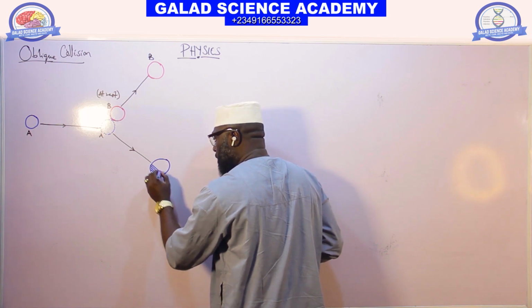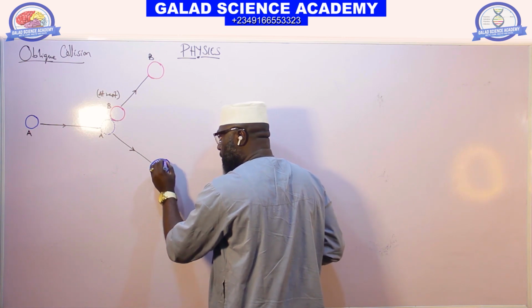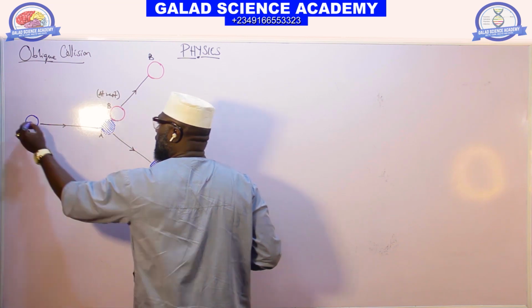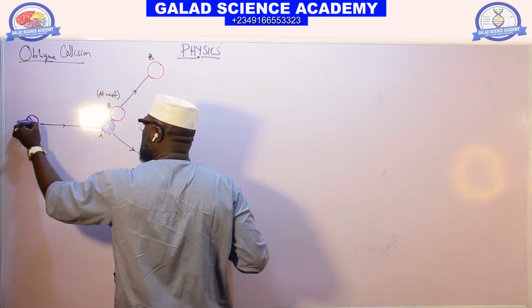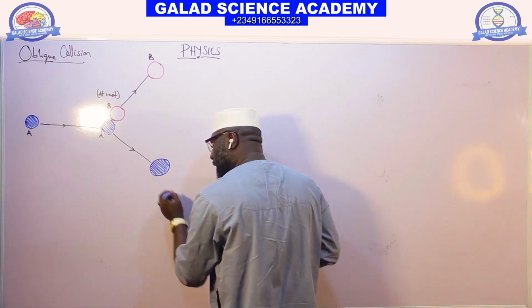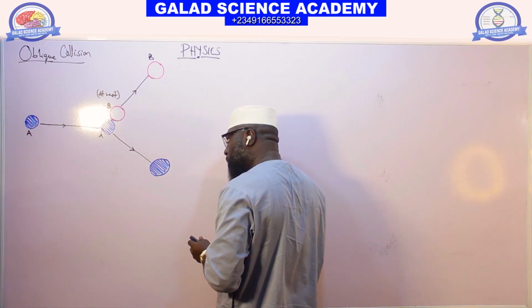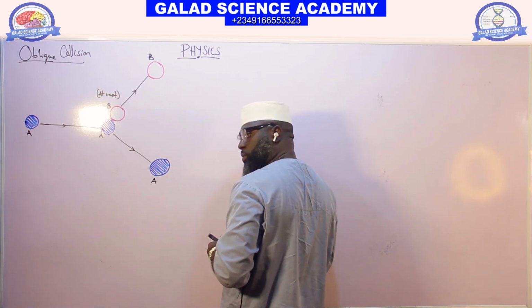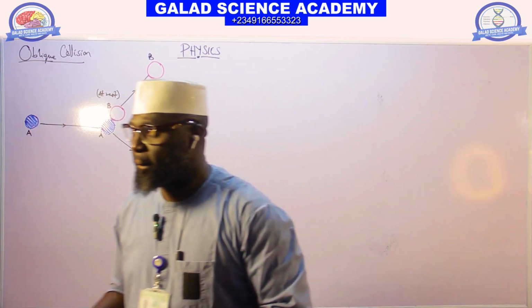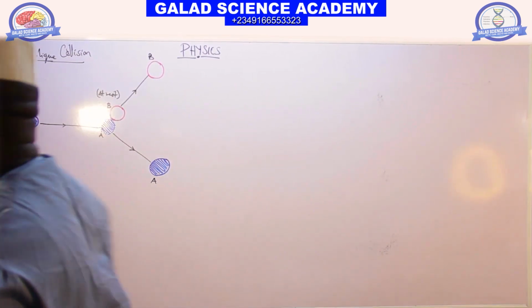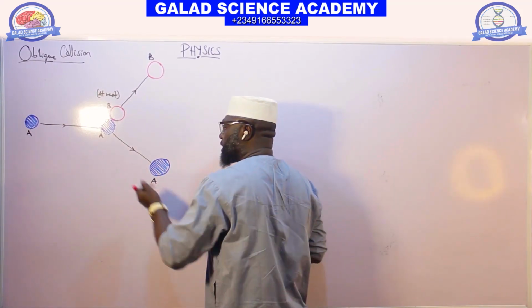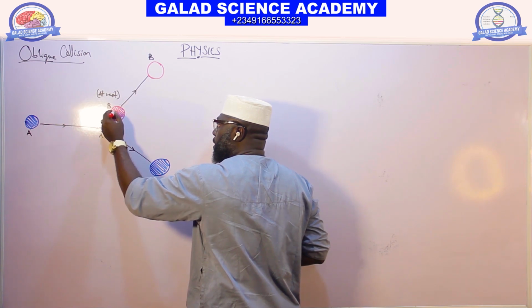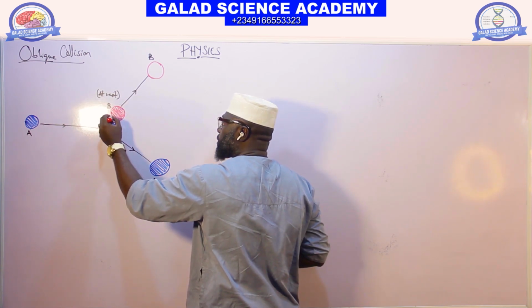So let me say this is ball A, and this is also A, a collision. Let me change the marker to red. So this red can also have it in this form.